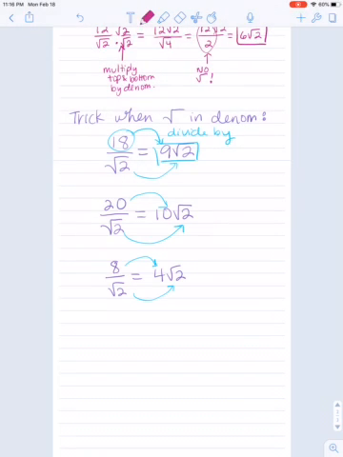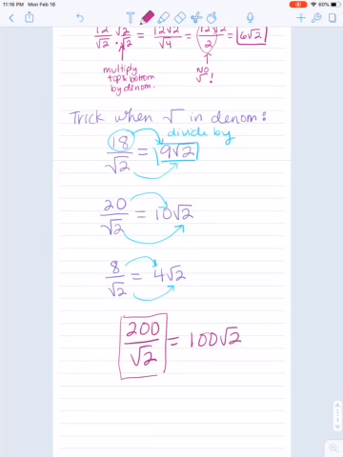You want to try one on your own? Okay. Look, I'll give you a crazy one. 200 divided by the square root of 2. Guess what that's going to be? You guessed it, 100 square root of 2. And guess what? You can check it on the calculator. This gross decimal will give you the same thing as this gross decimal. They'll be the exact same gross decimal. Okay? Alright.